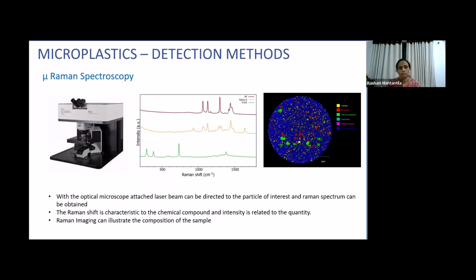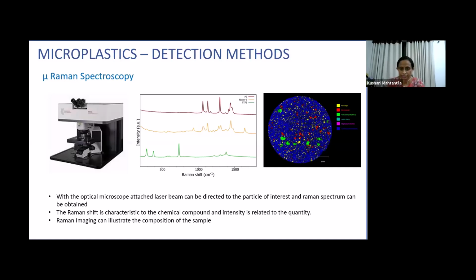This is micro Raman spectroscopy. Raman spectroscopy normally uses a laser light source, with wavelengths from 400 to 2000 nanometers.